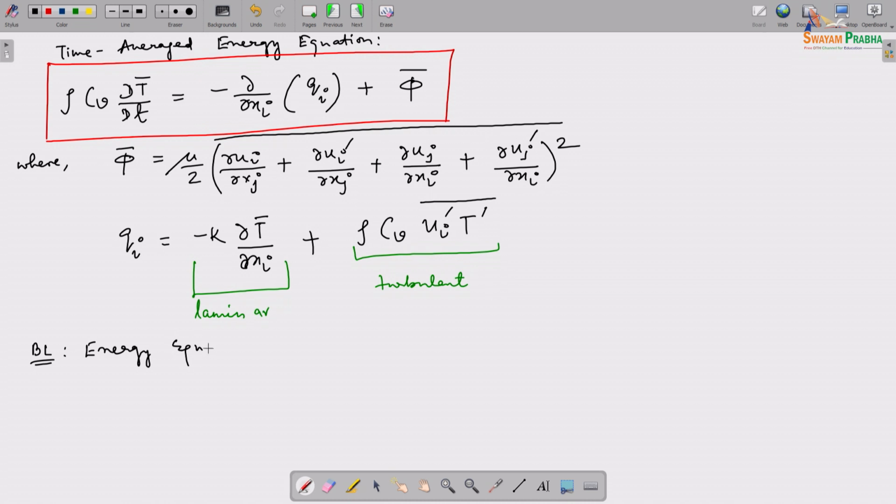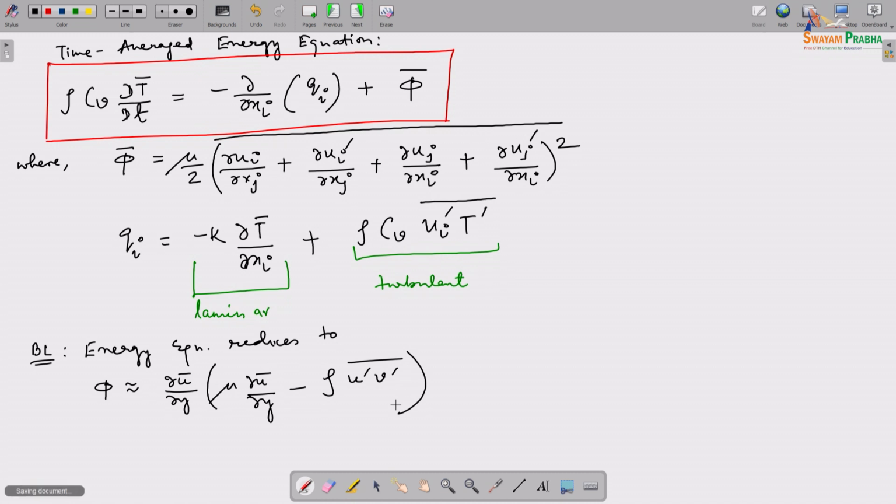The energy equation reduces to, so, if you look at this, for the boundary layer, the energy equation reduces to.